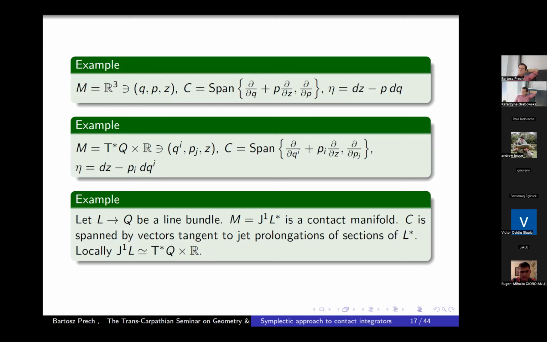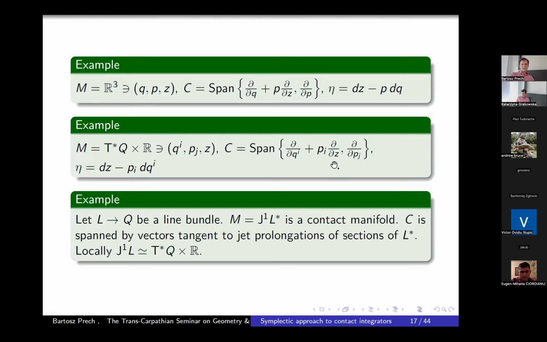So the second example is isomorphic to the first jet of functions of a manifold Q, and let's denote it in coordinates as Q^i, p_i, and z.